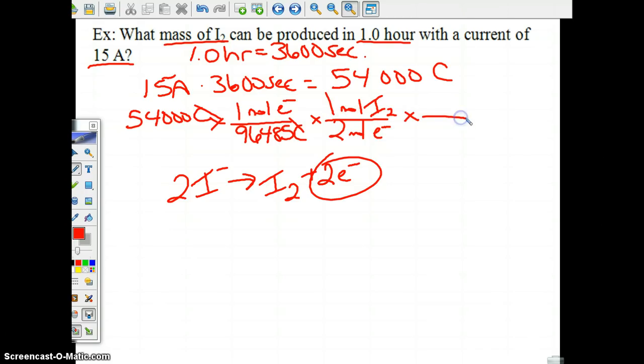And then to get mass, I would say 1 mole of I2, and since it's a diatomic element, I want to do 2 of them. That gives me 253.8 grams. So again, I'm just multiplying it all out. Multiply, divide. And I get 71 grams of I2 produced.